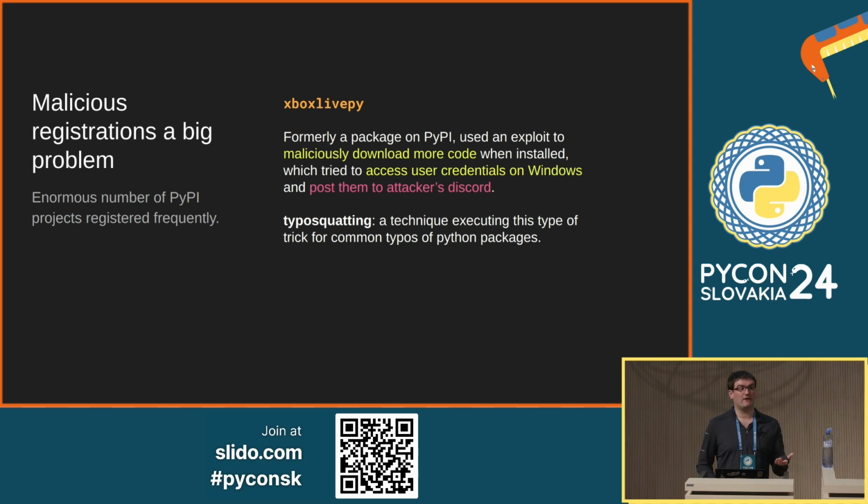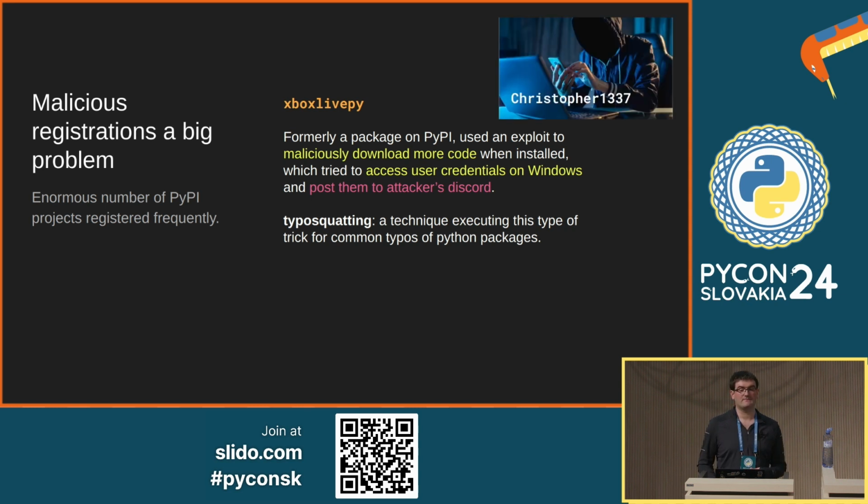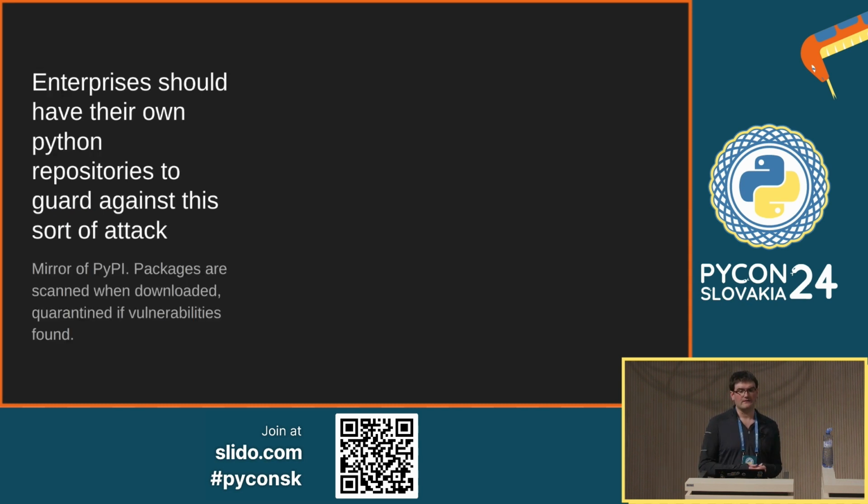But when it was actually downloaded and imported, it just exfiltrated secrets on the Windows machine and then posted them to a Discord server. And interestingly enough, it was actually published by that guy before, Christopher 1337 or leaked. So these things are very much out there and do happen.